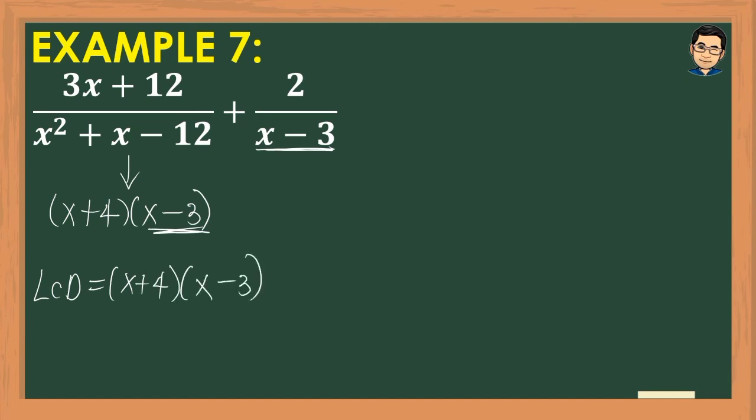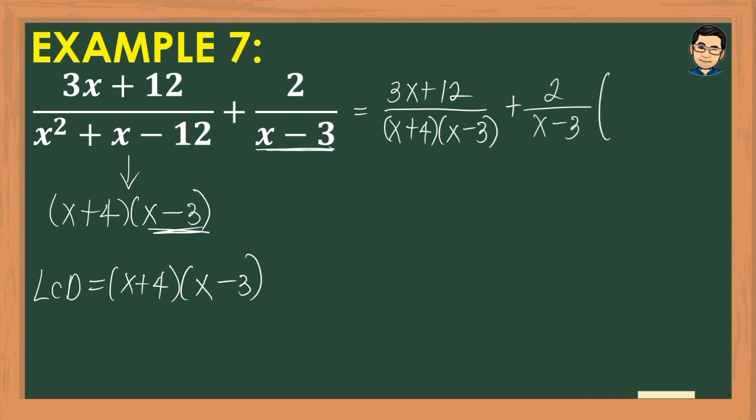Then we rewrite, so 3x plus 12 all over x plus 4 times x minus 3 plus, so wala pong minultiply dito kasi yung LCD po kapareho po ng term na nasa denominator. So and then 2 over x minus 3 dito naman po i-multiply is x plus 4.